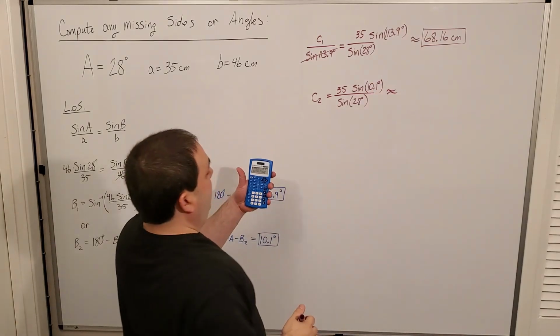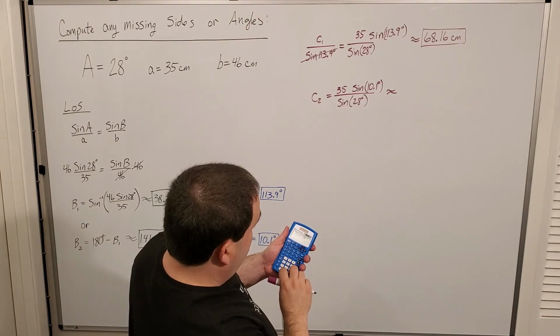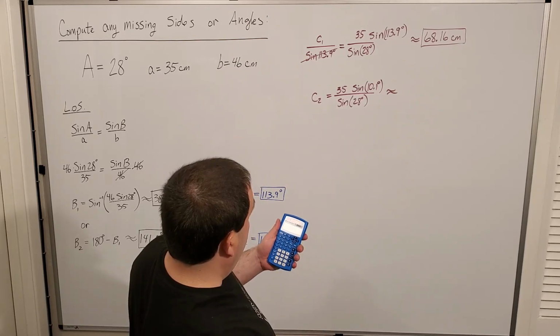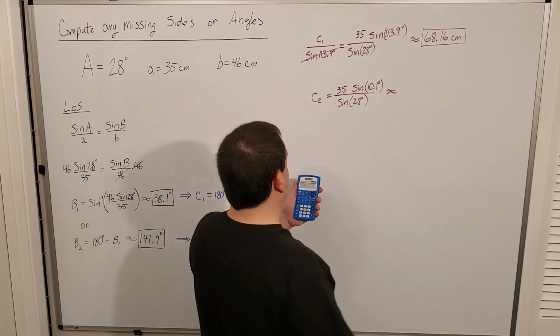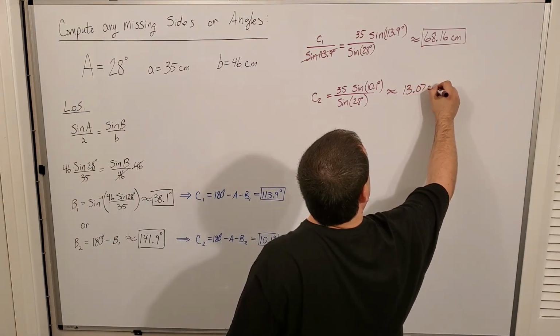Okay, so in my calculator, all I have to do is hit up and then change that to 10.1, and I get 13.07 centimeters.